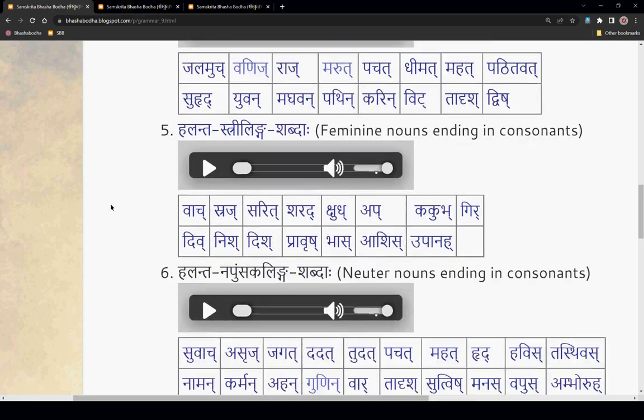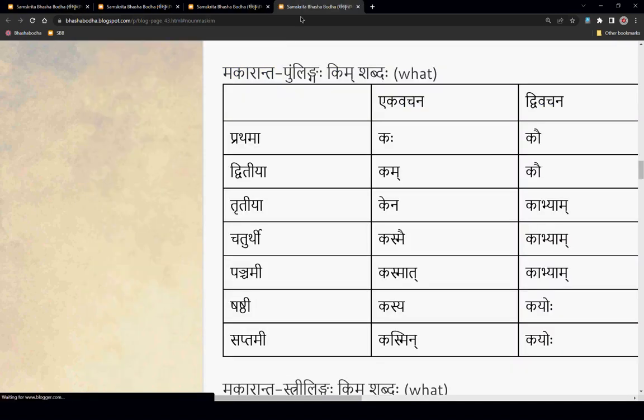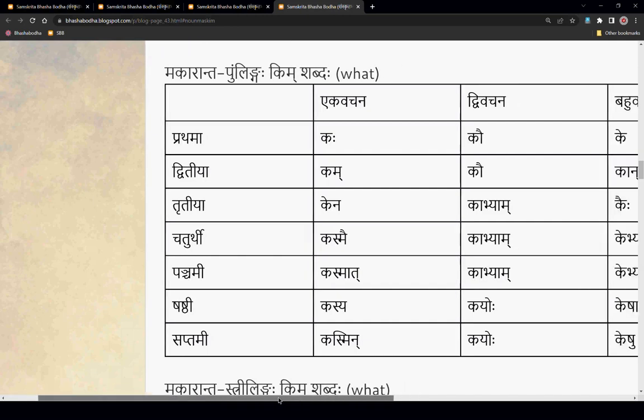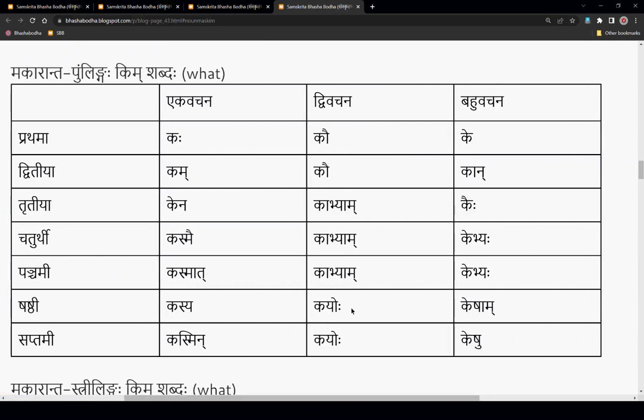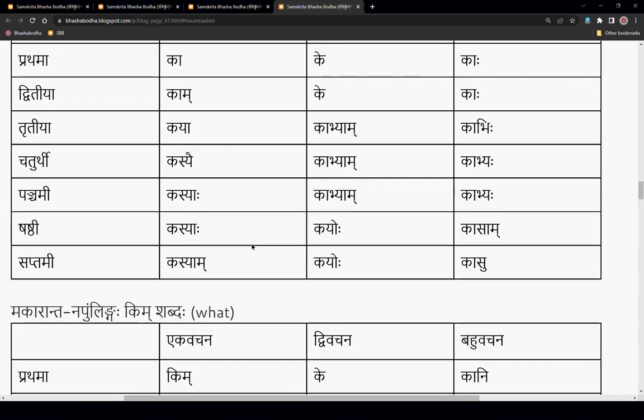If you go here, look under sarvanama and you come to kim. Kim is the pratipadikam of kaha. So if you go here, you see kaha, kau, ke, kam, kau, kan, and all that. If you look at the Saptami here, kasmin is the word. You can use kasmin in Pullingam and Napumsakalingam. And in Strilingam we have kasyam.